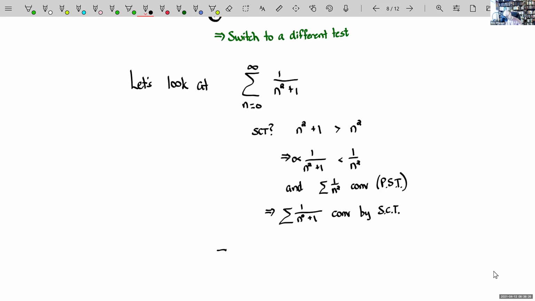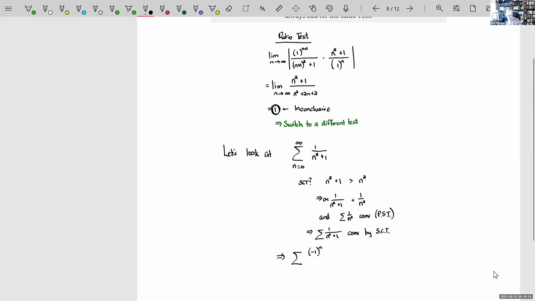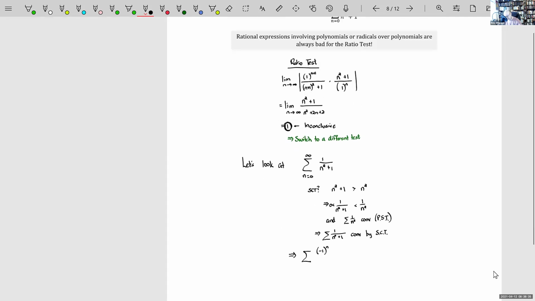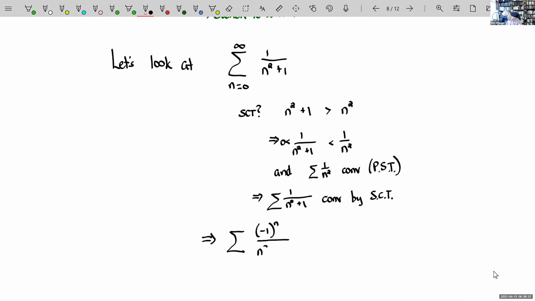Which implies, by the way, that the summation of (-1)^n over n squared plus 1, our original series, is absolutely convergent. Once you showcase that it's absolutely convergent, it converges, period. So showing absolute convergence is a wonderful umbrella statement. If you can show something absolutely converges, you've killed 2 birds with 1 stone, essentially.